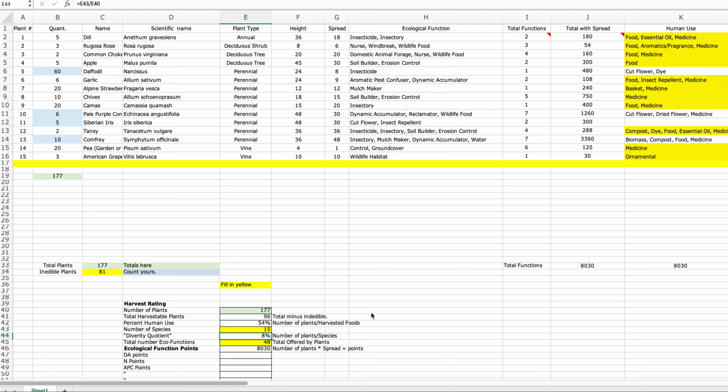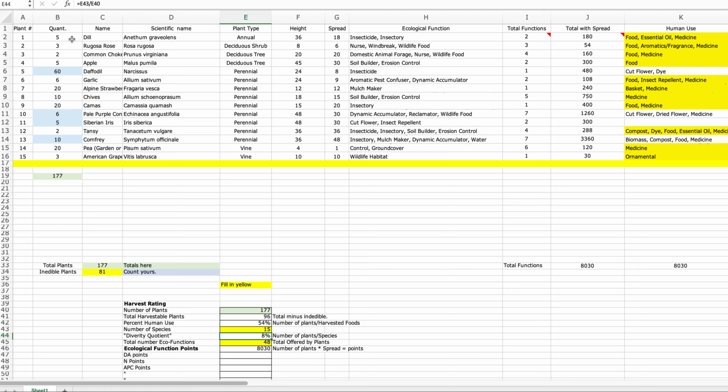After that, we have the total number of ecological functions, and that's column H here. Just the total number of functions coming from the plants, which is 48. And then we have the ecological function points, which is where we have the big numbers, and that is the number of plants times the spread of the plant times the points that you have for functions.